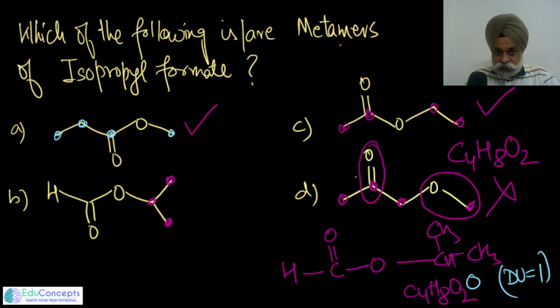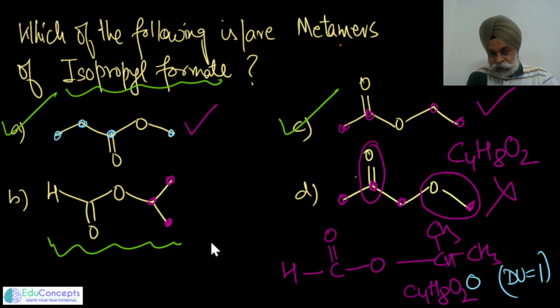So the answer to this question is that options A and C would be said to be metamers of isopropyl formate, because option B is exactly the same compound which they have given, so we would not consider that to be a metamer. So I think metamerism is very clear. While making metamers, you have to keep in mind that you change the nature of the alkyl group around the non-terminal function group, and while making the different forms of metamers, the function group is not to be changed.